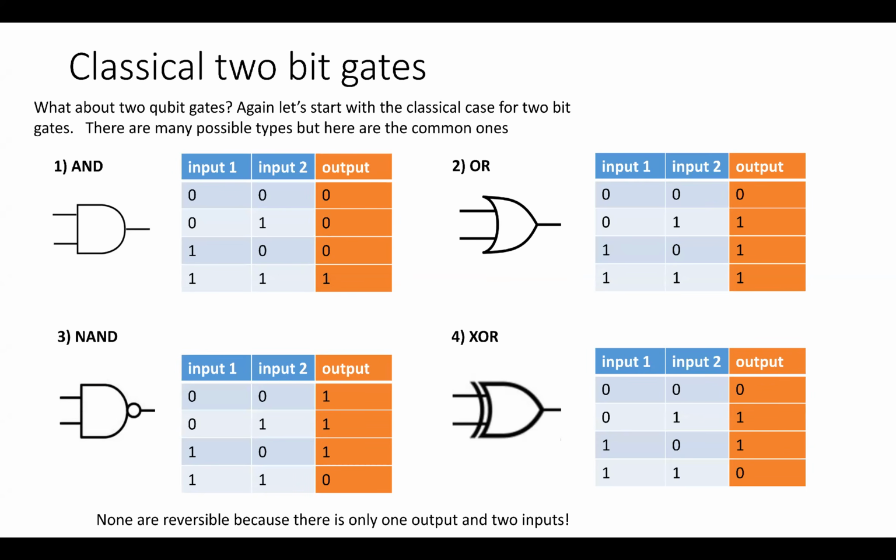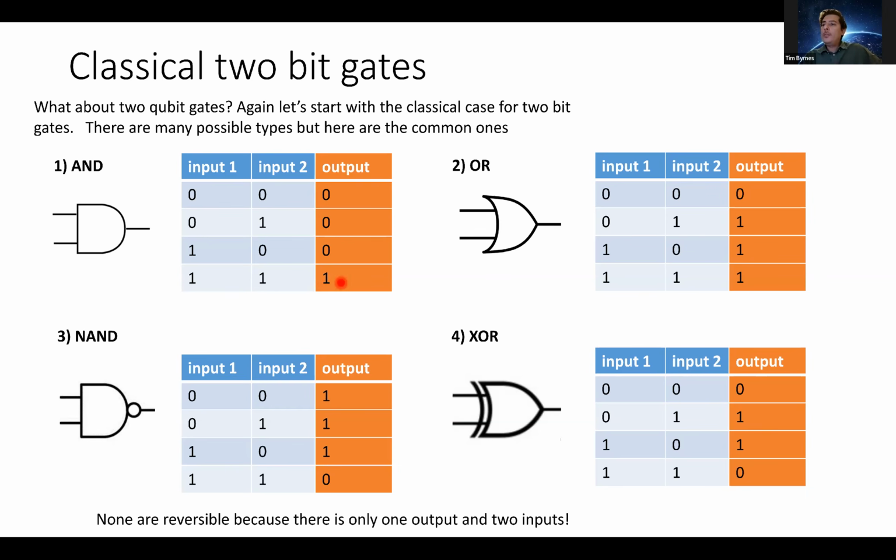So let's do the same kind of strategy as before, where we start with the classical versions and try and generalize it. Let's look at some common 2-bit classical gates. We've got the AND gate, as I did before, and we have 1 only when both inputs are 1.